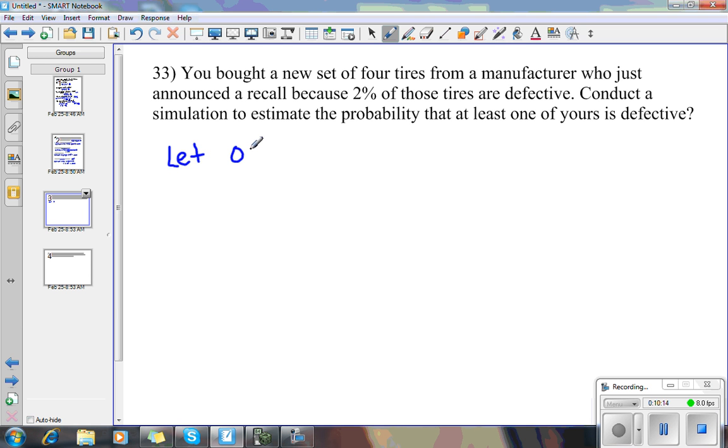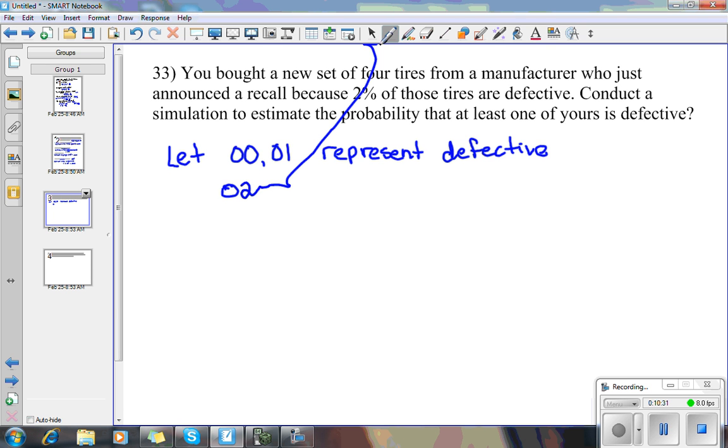00 and 01 represent defective. And 02 to 99 is not defective.